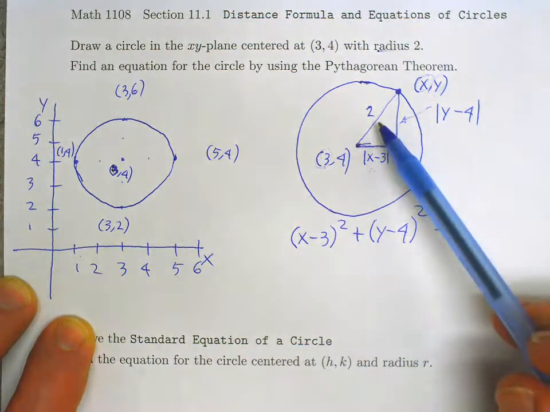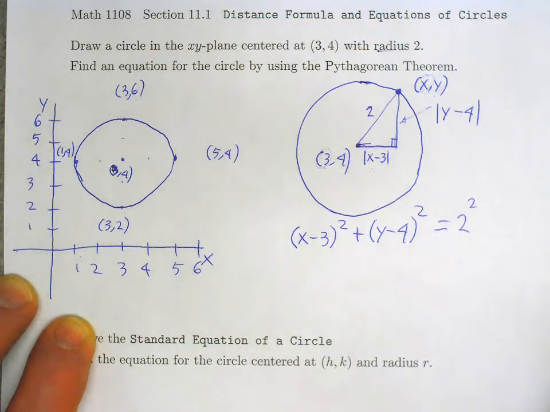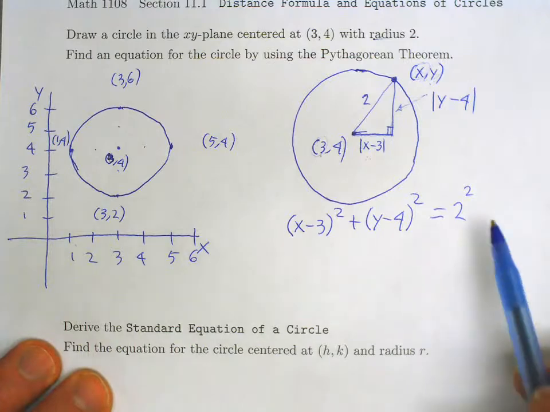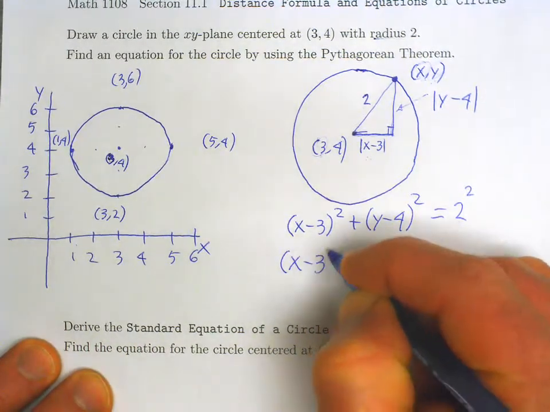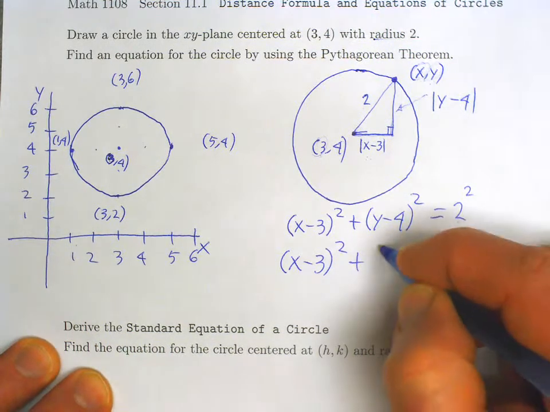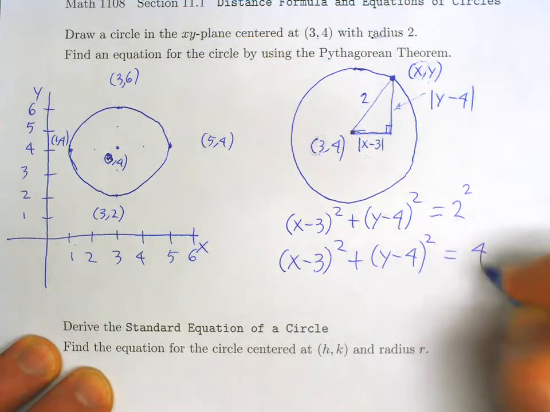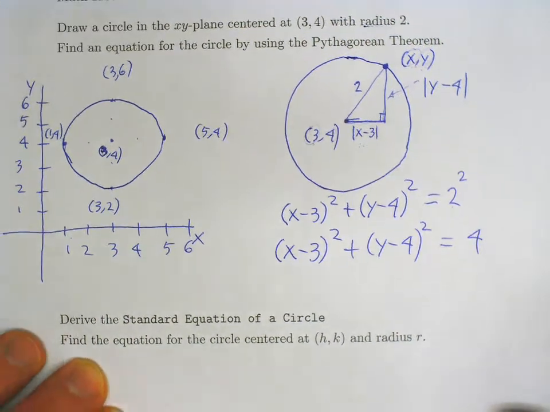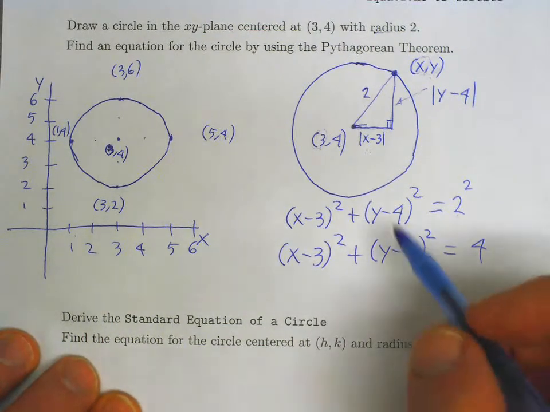And then on the right-hand side, I square the hypotenuse, 2 squared. And we'll simplify 2 to the second. So we'll rewrite this as x minus 3 squared plus y minus 4 squared equals 4. So this equation is called the standard equation of the circle.